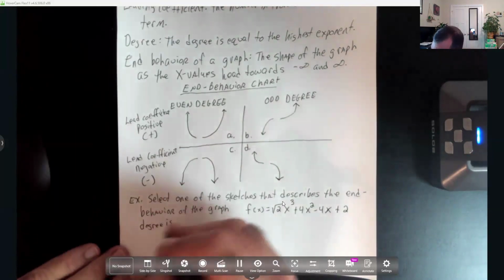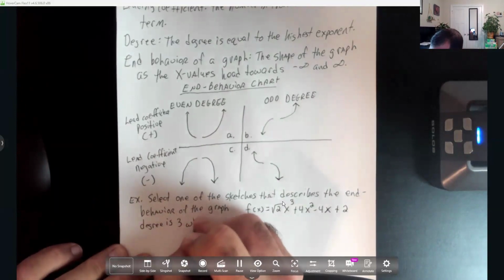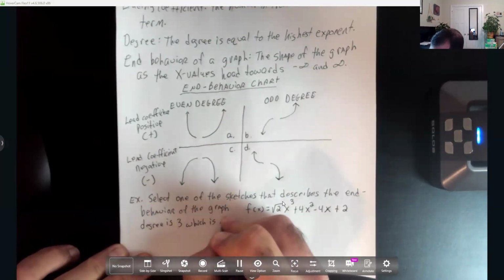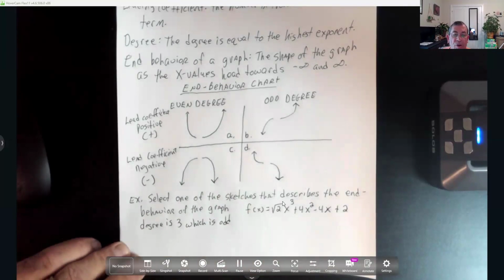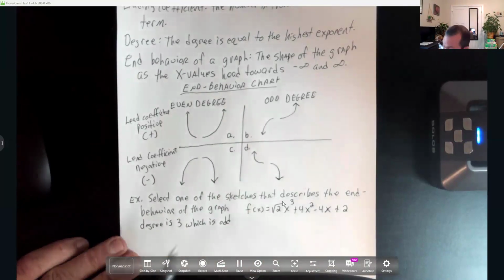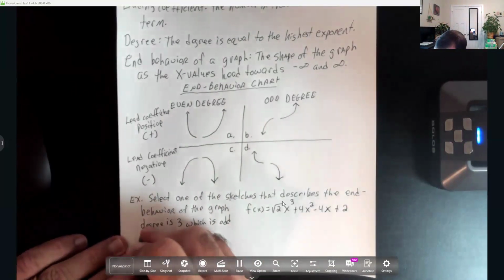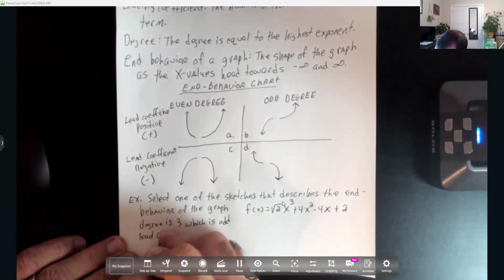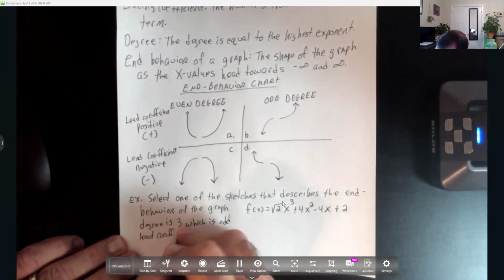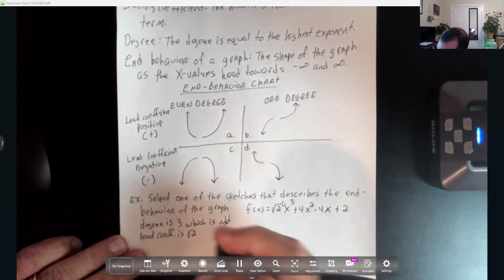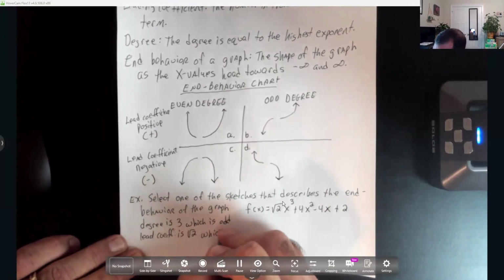My degree is 3, which is odd. My lead coefficient is the square root of 2, which is positive.